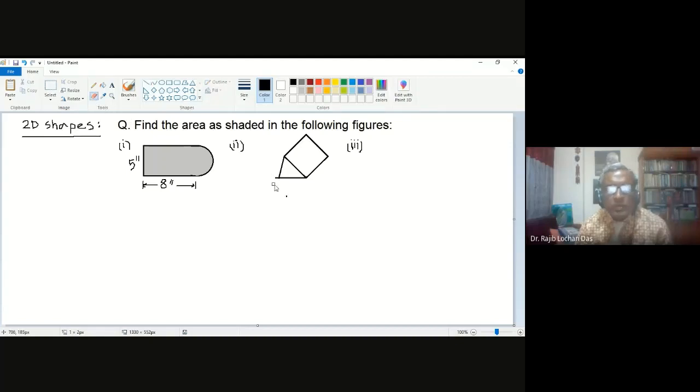Say this is the figure, and I am giving you the distances. It is 3 centimeter, this is also 3 centimeter, this is also 3, and this is also 3. All are 3 centimeter, everyone is equal. I am shading this whole part, and I want to know its area.